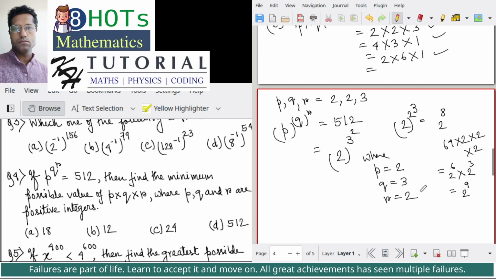So among all the given choices the minimum is 12, and indeed we can find the values of P, Q and R so that P raised to the power Q raised to the power R is 512, where P is equal to 2, Q is equal to 3, and R is equal to 2. So definitely the correct choice is B. B is the correct choice, and the minimum possible value of P into Q into R is 12.